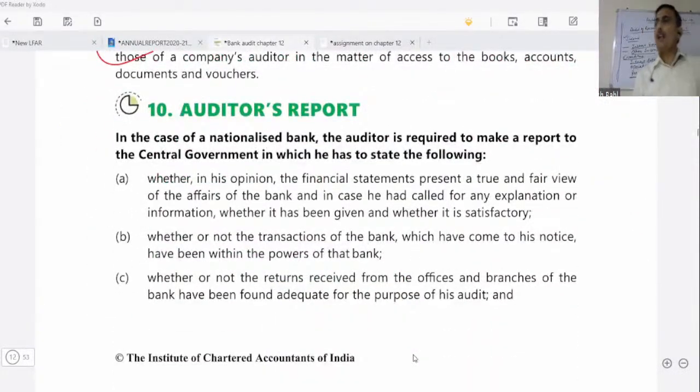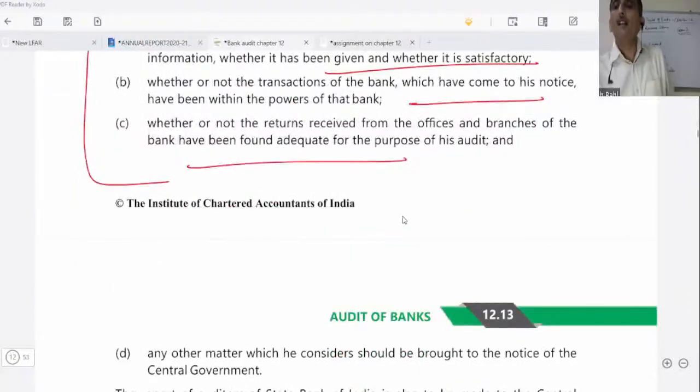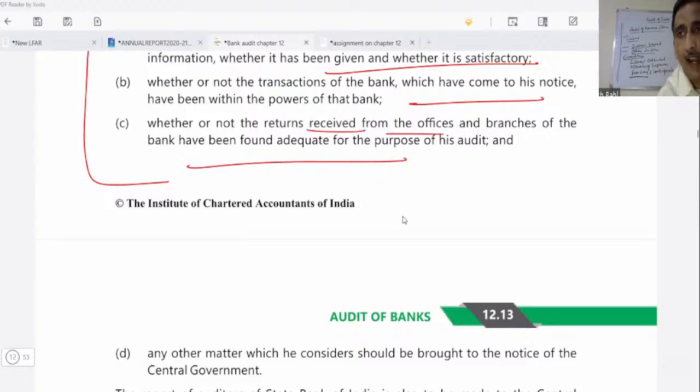And we had seen the audit report of a public sector bank, all these points have to be reported: whether true and fair view, transactions of bank which have come to the notice of auditor, whether these are within the powers of the bank, whether or not returns received from the offices and branches of the bank have been found adequate, because in public sector banks there are thousands of branches.